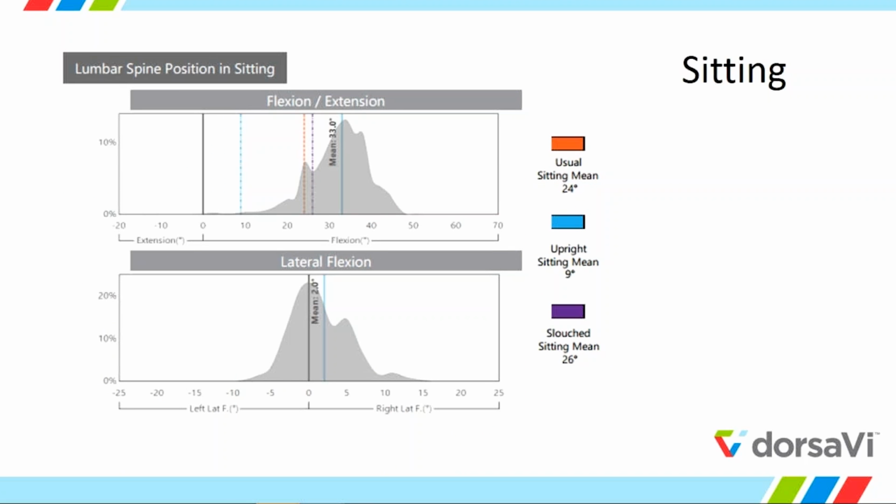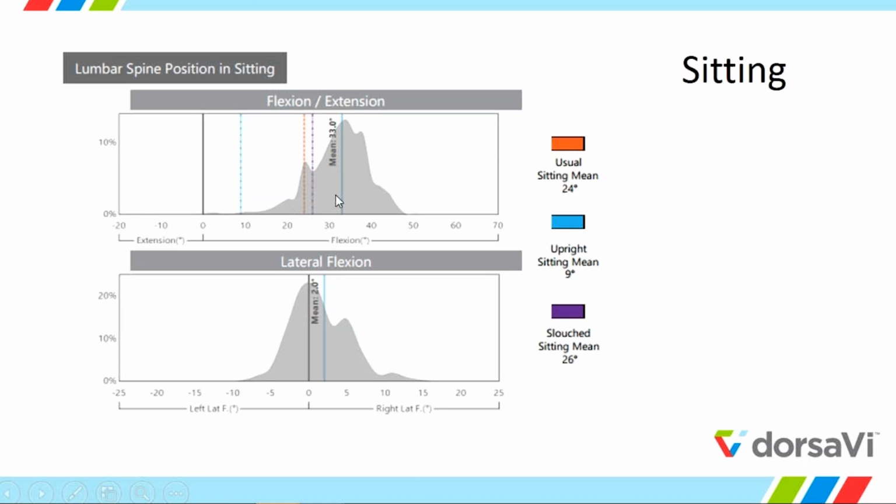So this is telling. And then the same kind of gray positioning tendency for sitting. Over here on the right, it gives you the red-orange line that shows your usual sitting position. The blue line is your upright position, and the slouched is the purple.